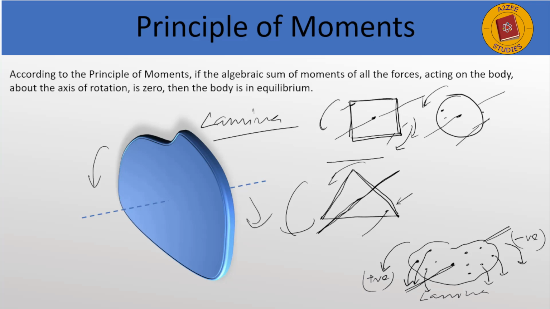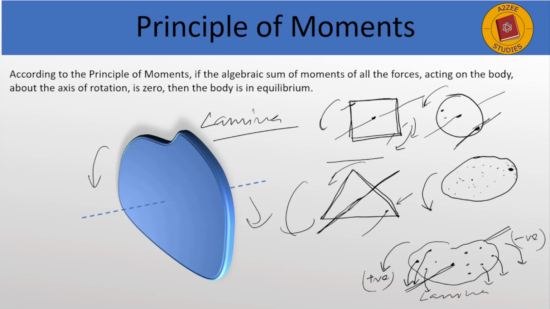Now just as we talked, if we take the lamina and hang it at this position, this is the point. Now most of the particles are on the left side, right? And they are exerting a positive moment, and very few particles are at the right side.